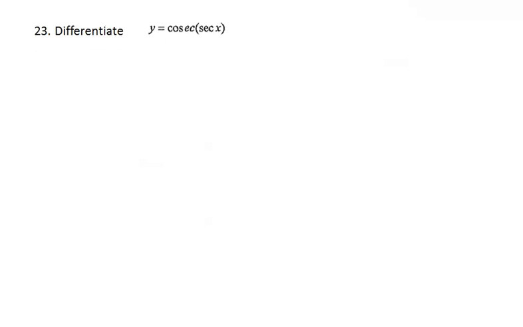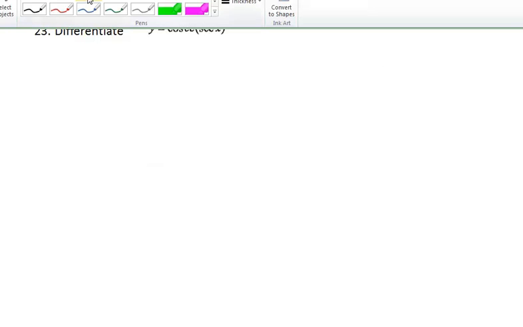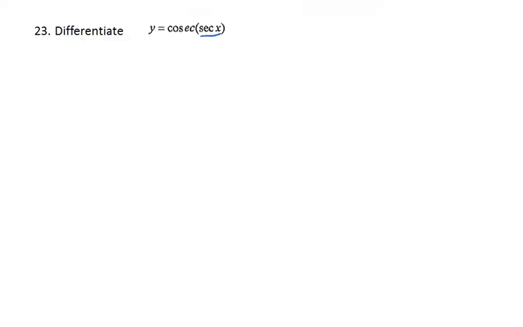Moving on to question 23. We've got here y is equal to the cosec of sec of x. So we're going to say this one here will become our u. Here's sec of x. So u is equal to sec x. We look it up on our tables, we get du on dx will therefore be sec of x tan of x.